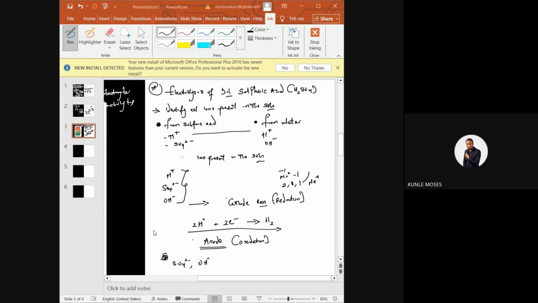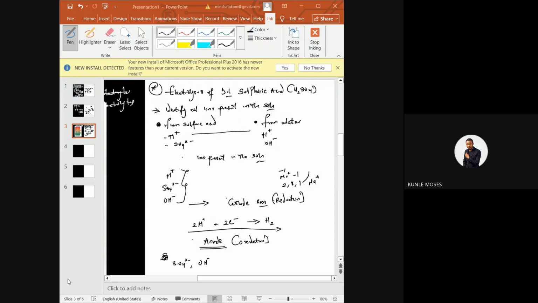But sulfate ions cannot be discharged easily where you have other anions like OH minus. So the reacting ion at the anode is OH minus, not SO4 2 minus. I hope that is clear.